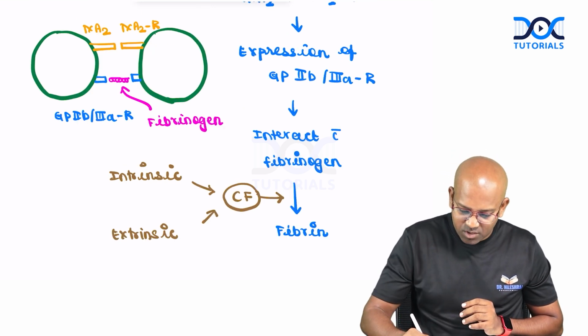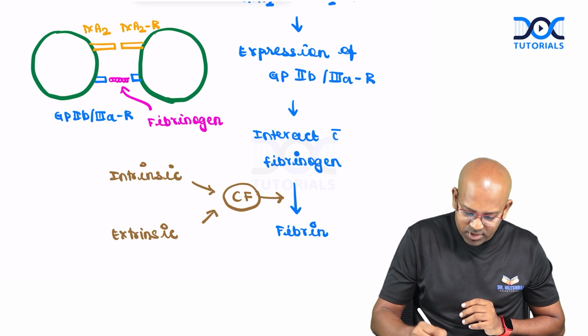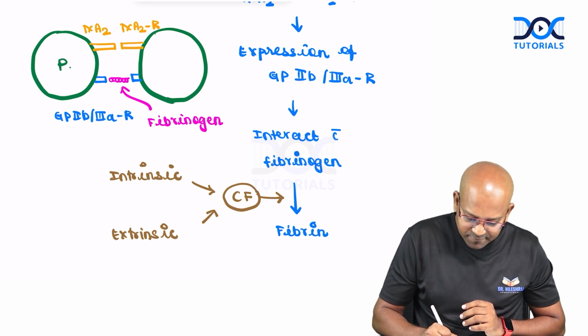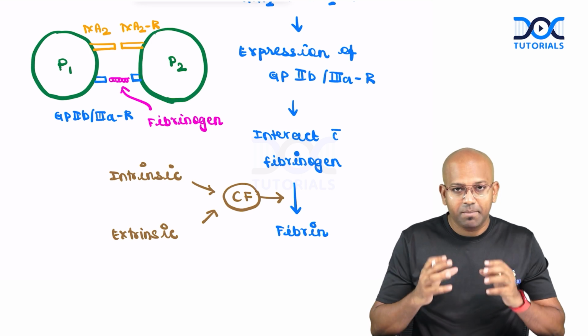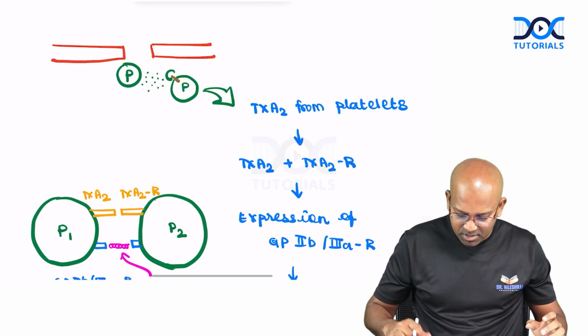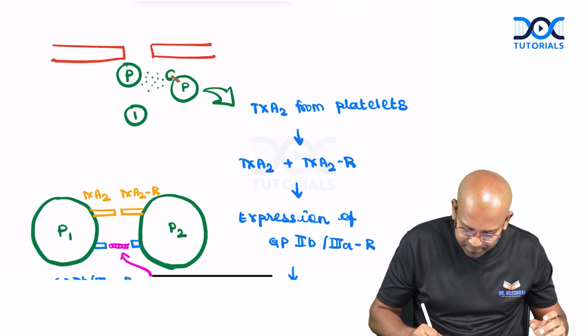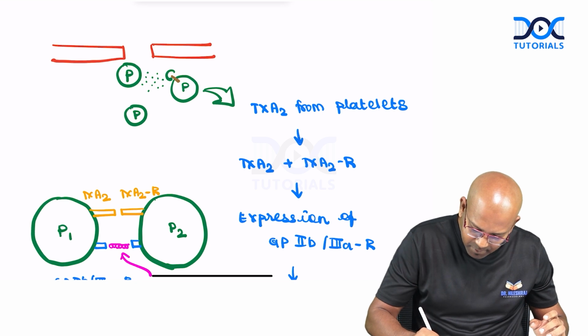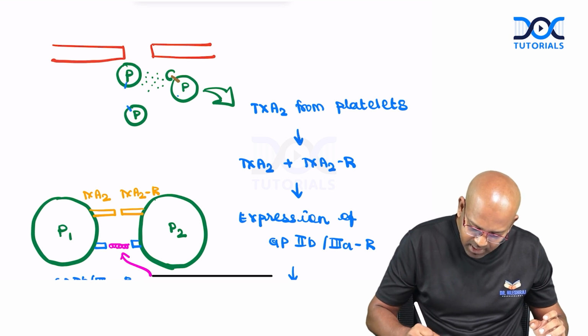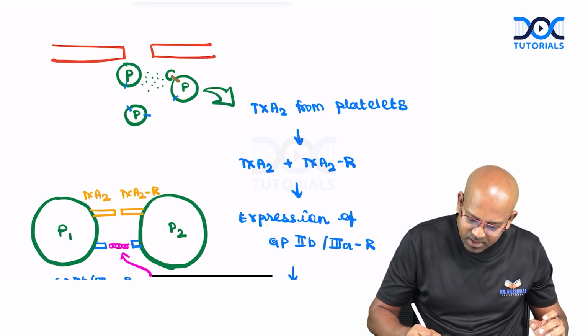As we can see, this is how the image looks between two different platelets. This is the first platelet, and this is the second platelet. Similarly, there will be multiple different platelets. For example, there will be one more platelet. Again, there will be expression of GP2B3A.